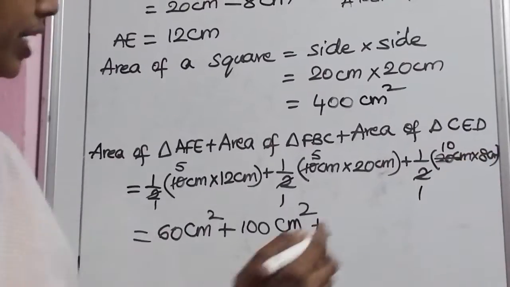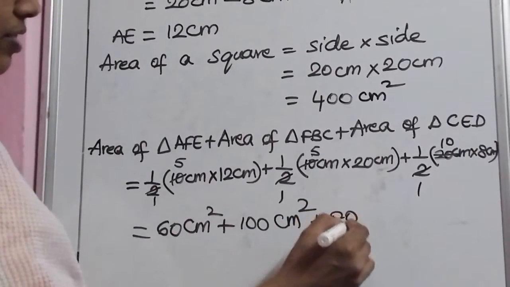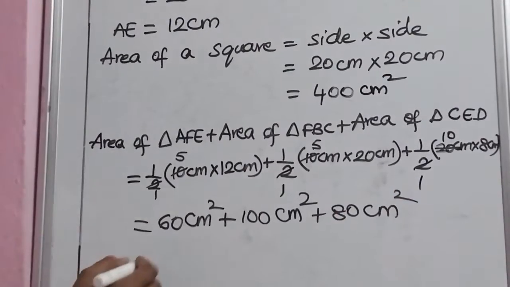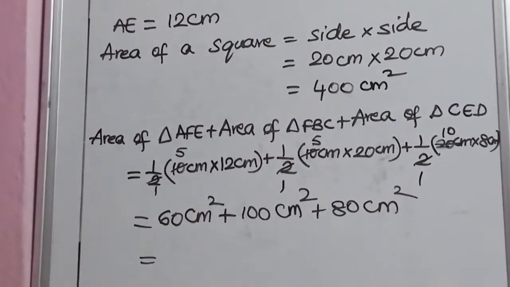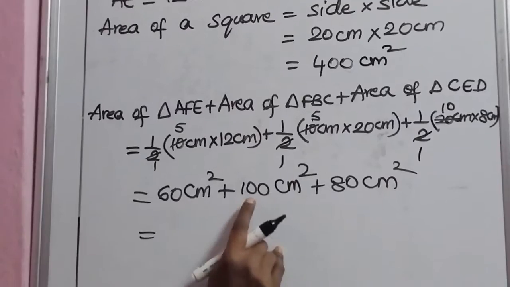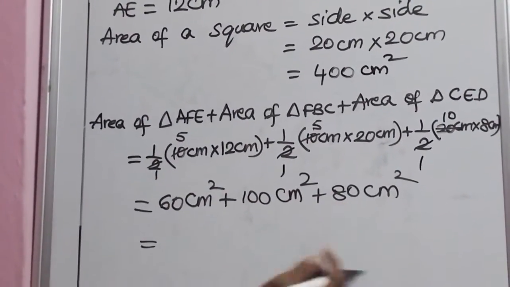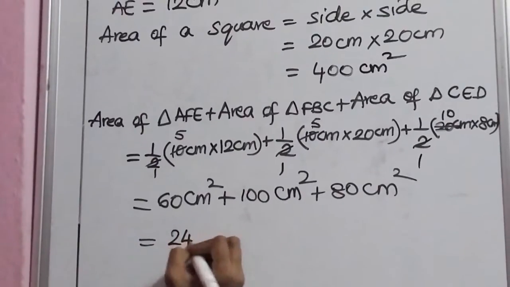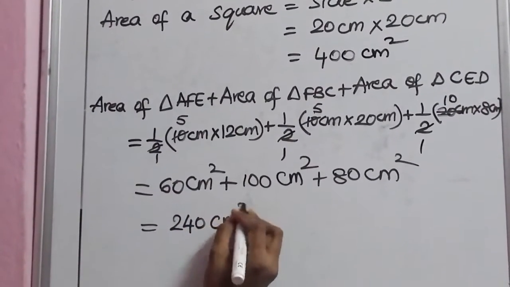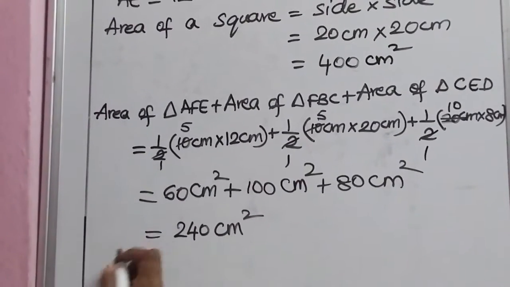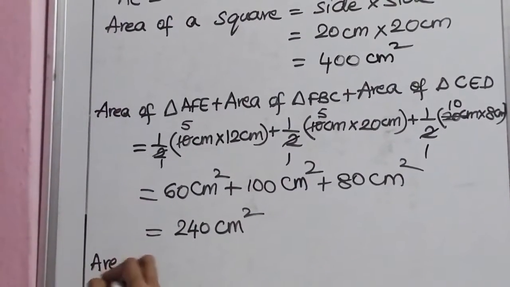So 10 into 8, 10 8s are 80. Centimeter into centimeter is square centimeters. So this is equal to 60 plus 100 is 160. 160 plus 80 is 240 square centimeters.